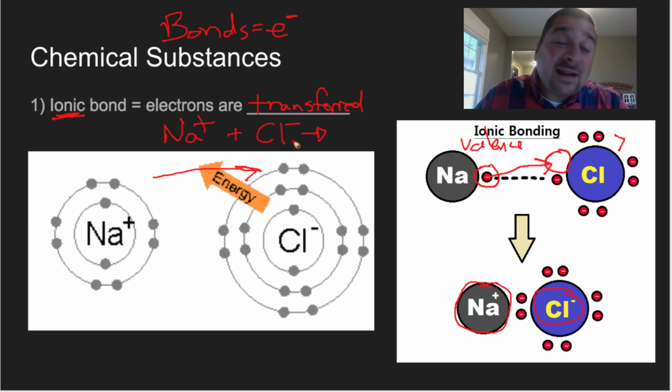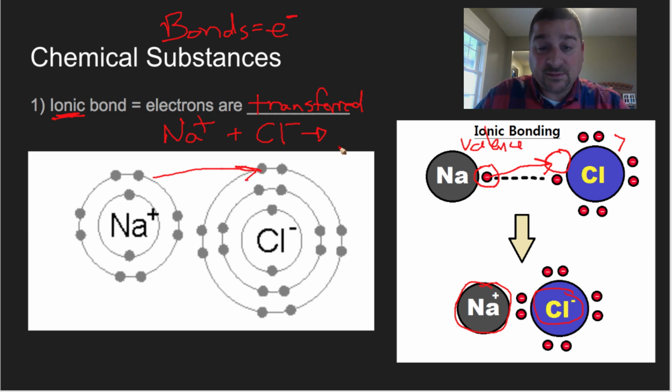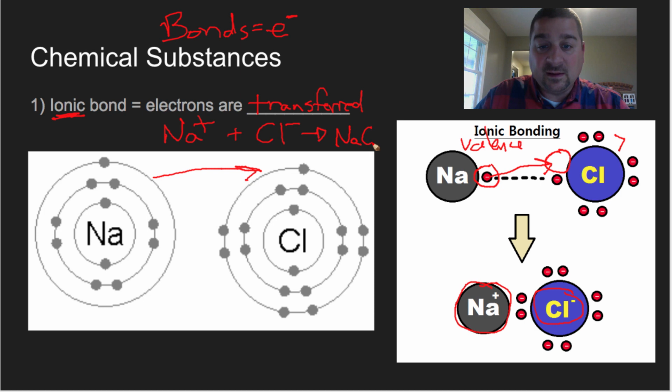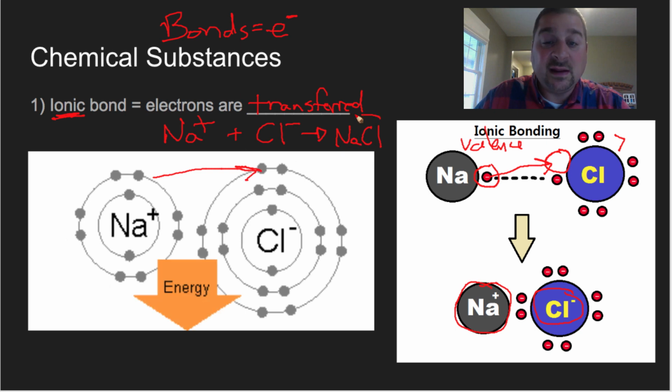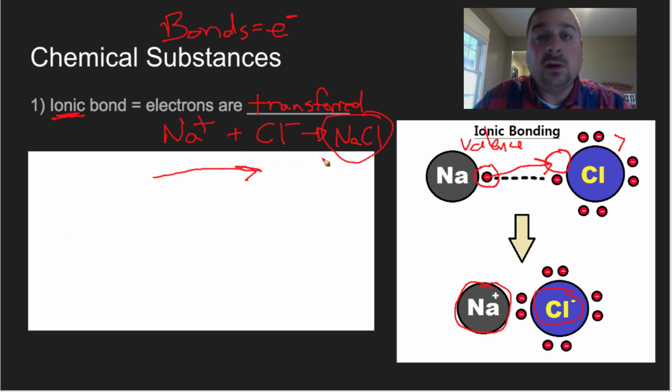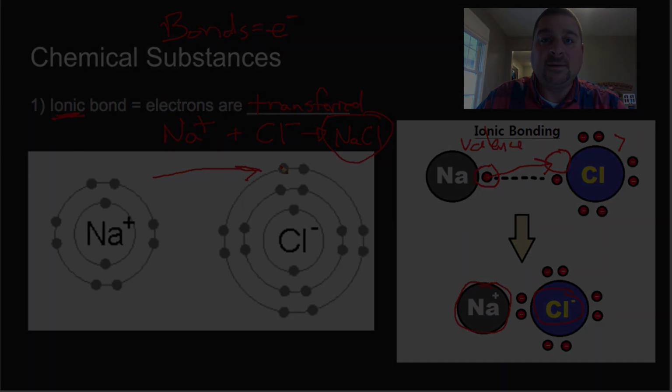And like in the dating world, opposites attract. So you have a +1 and a -1. They are then attracted and they stick together. Because of that transfer of electron, the sodium and the chlorine stick together, and we get sodium chloride, what we commonly know as table salt. That's an example of an ionic bond.